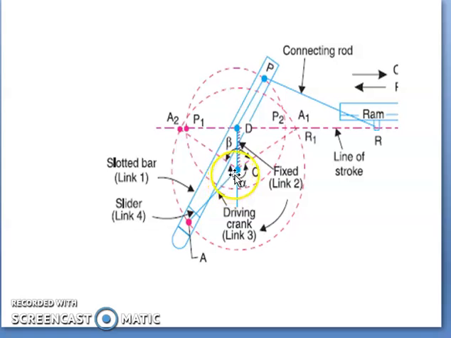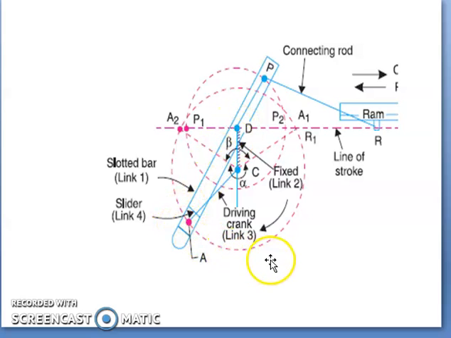So here you can see if the link CA is given the rotary motion, that will cause the slider to slide along the link. At the same time, it will also cause it to rotate about the point D.